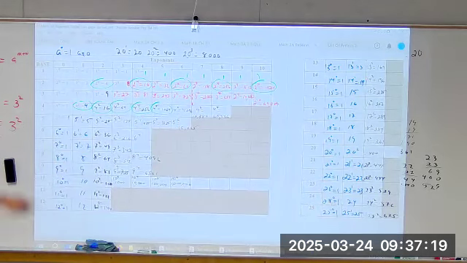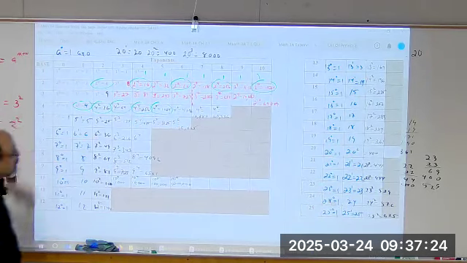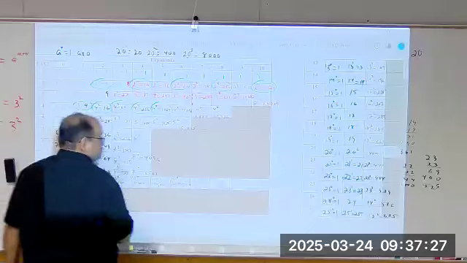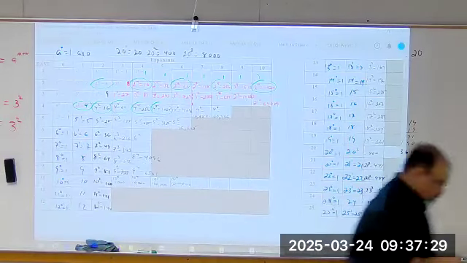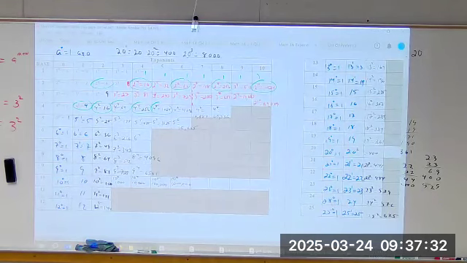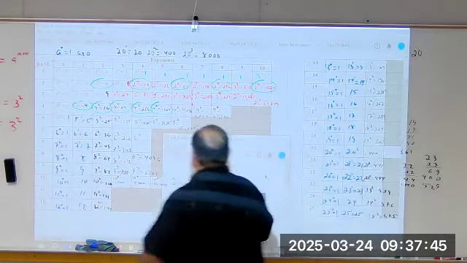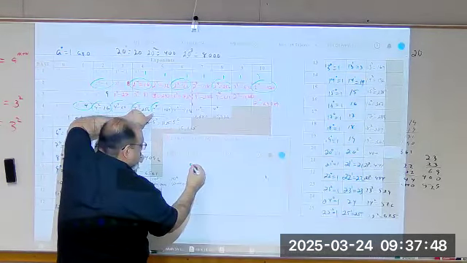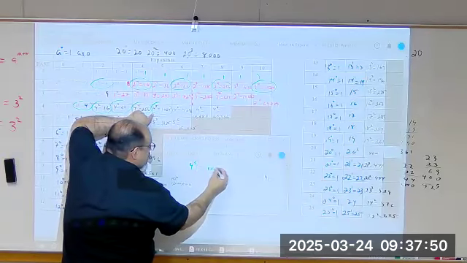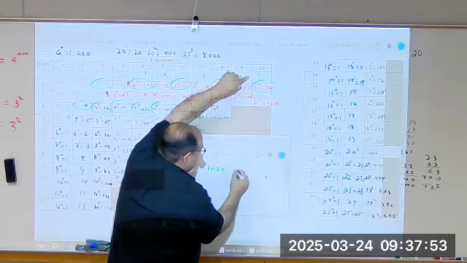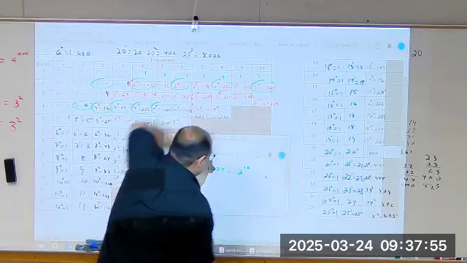And that's because 4 is a power of 2. This 4 to the 5th is 1,024, and this 2 to the 10th is also 1,024.